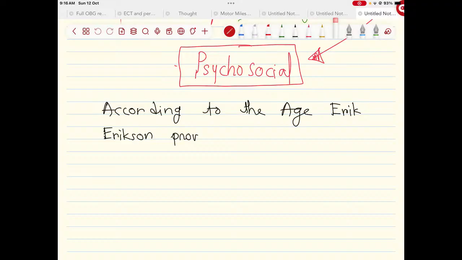Then identity versus role confusion, the age of 12 to 25. Here the patient achieves their own identity, or role confusion. In that age, 12 to 25 years, the patient plans to get a hairstyle like Shah Rukh Khan.